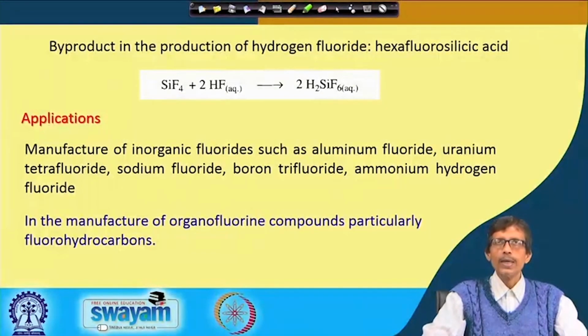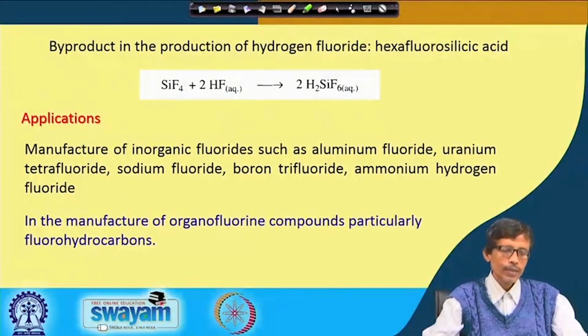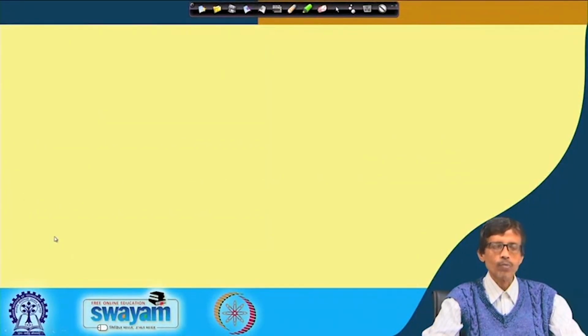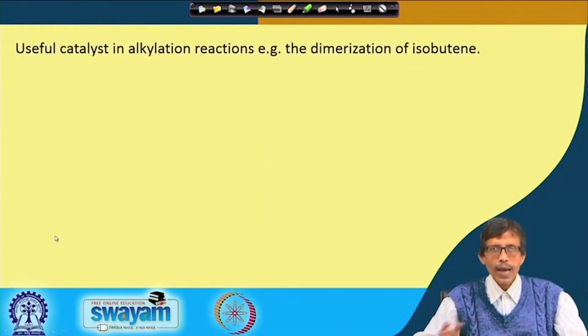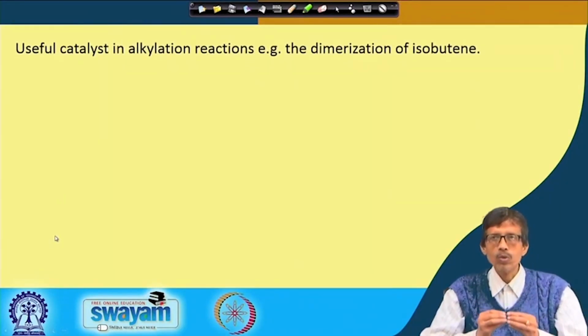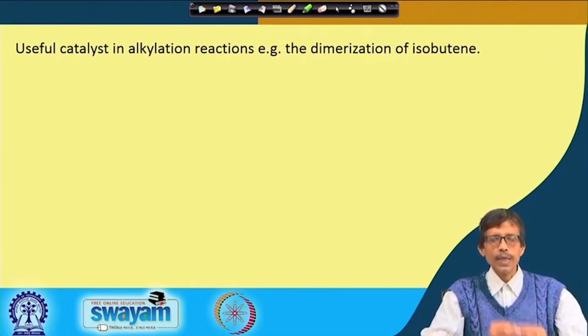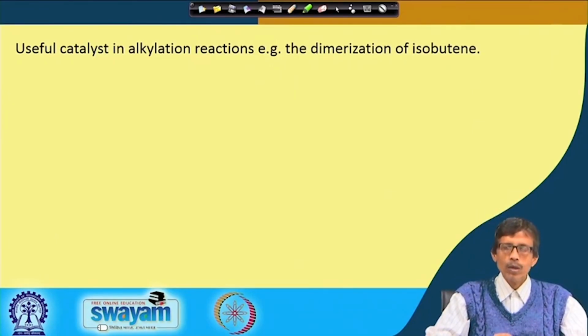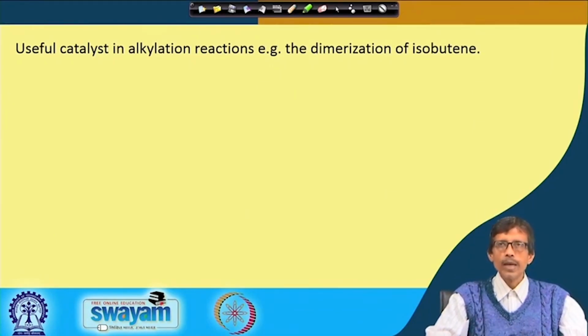As I told you earlier, you can make tetrafluoroethylene for the preparation of Teflon. Sometimes, when the material is highly pure, a small amount can be utilized as a good catalyst. So it is a useful catalyst for alkylation reactions.